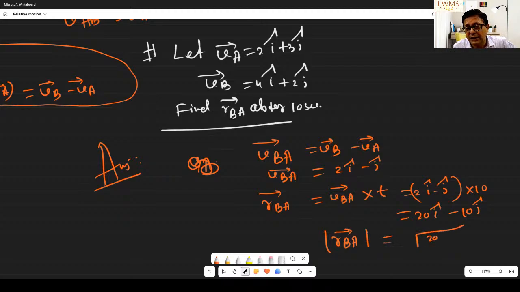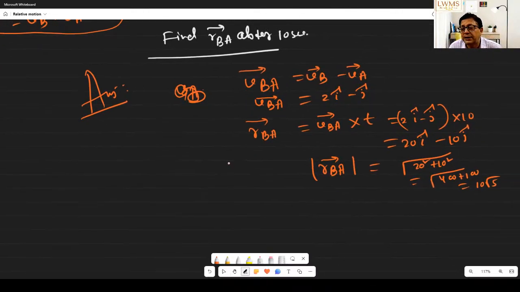This is nothing but root of 20 square plus 10 square, that is root 500. This is nothing but 10 root 5 meter per second. Okay.